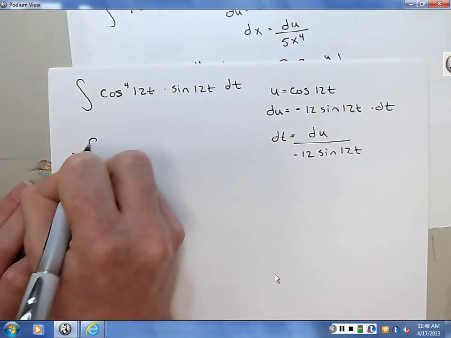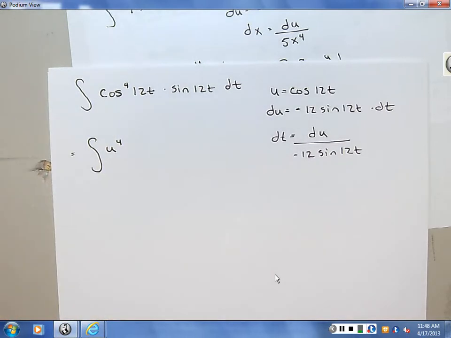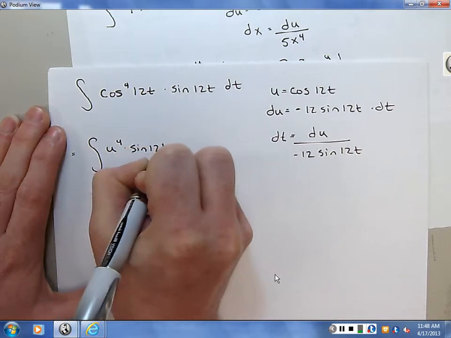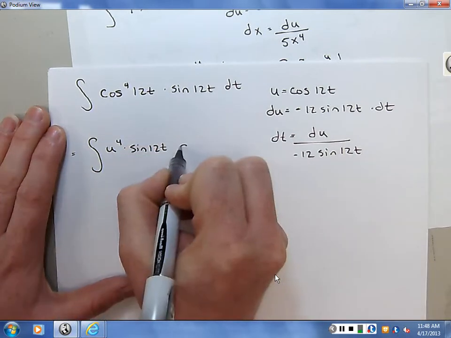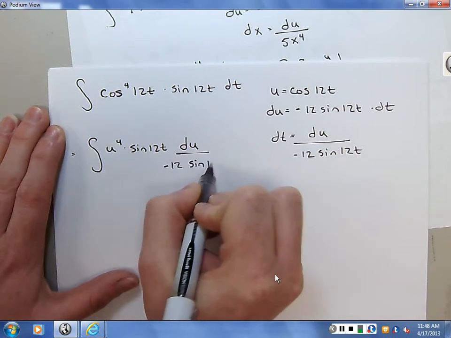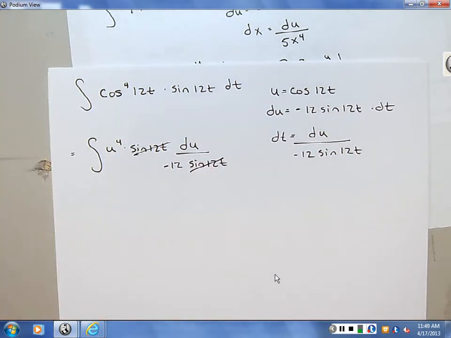So I have the integral of u to the 4th. I purposely picked u because I'm going to be able to plug it in as u to a power. Then I'm left with sine of 12t, and dt would be du over minus 12 sine of 12t, which is exactly what I wanted because I wanted that sine of 12t to cancel.